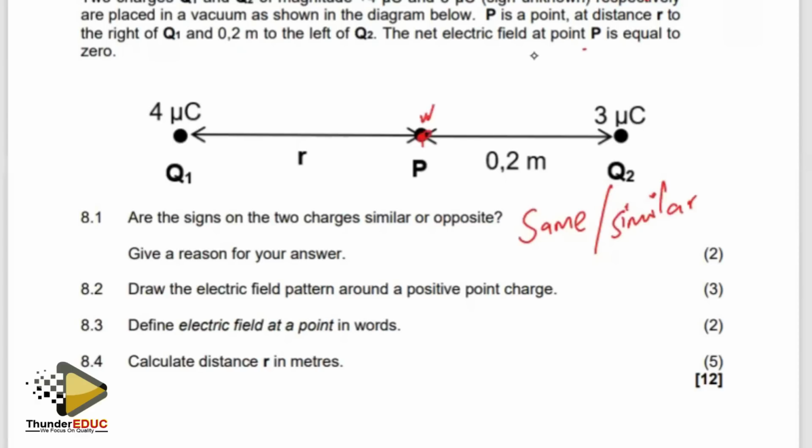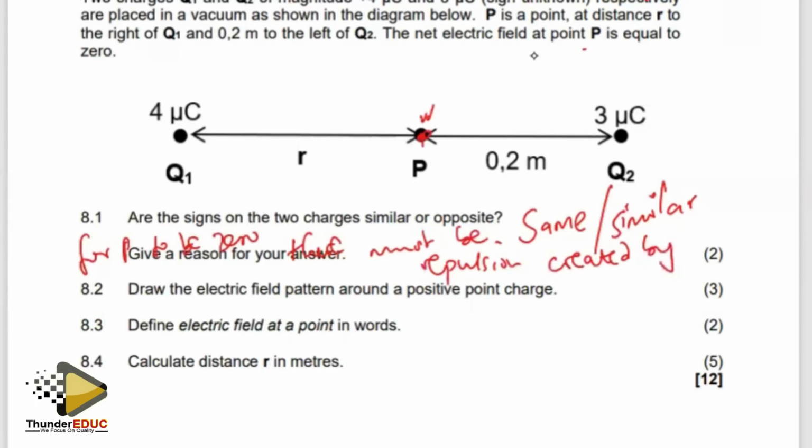The reason for that is that for the net force at P to be 0, we say there must be a repulsion, which is created by the same signs. So the same polarity for us to get the repulsion.